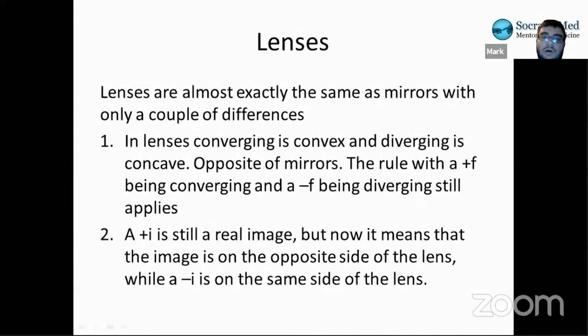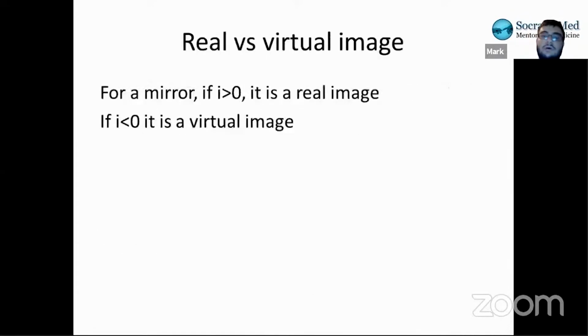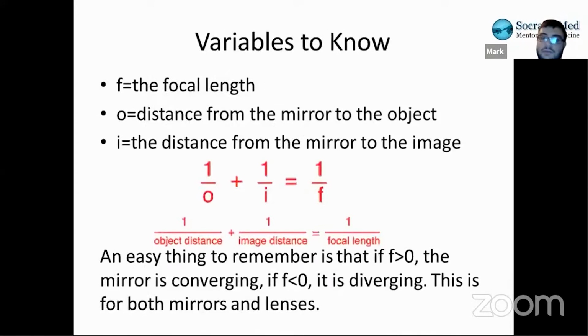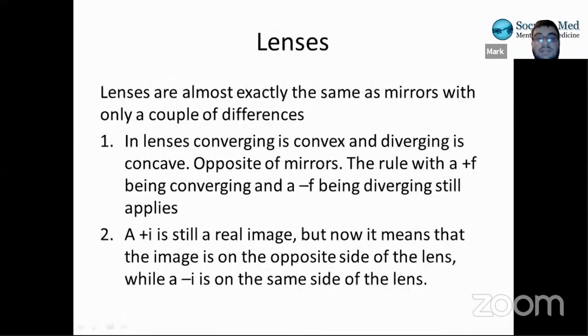Okay. Next, I want to talk about lenses. So lenses have the exact same formulas as mirrors. So M equals negative I over O, and this main equation is the same. The only difference between lenses and mirrors is that in lenses, converging is convex and diverging is concave. If you remember from mirrors, it was the opposite.